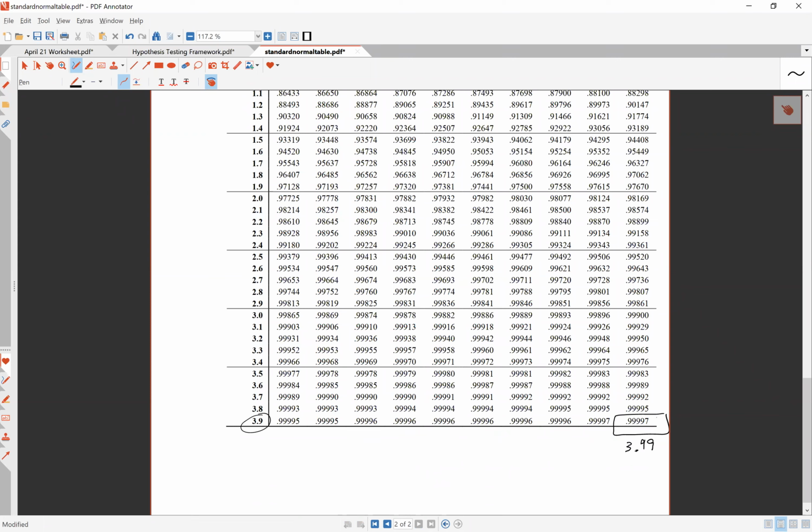And at 3.99, my value is 0.99997. And you can see that as the z-value increases, this probability also increases. And so the probability is going to be larger than this 0.99997.